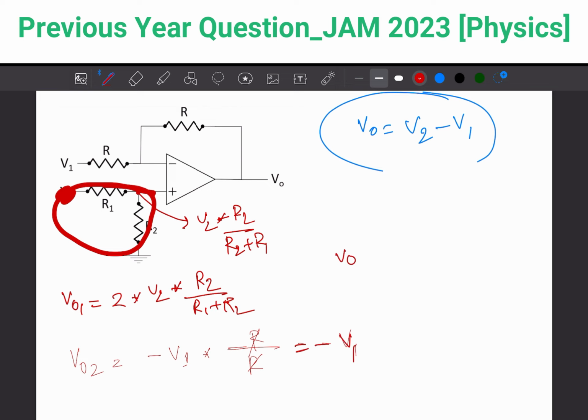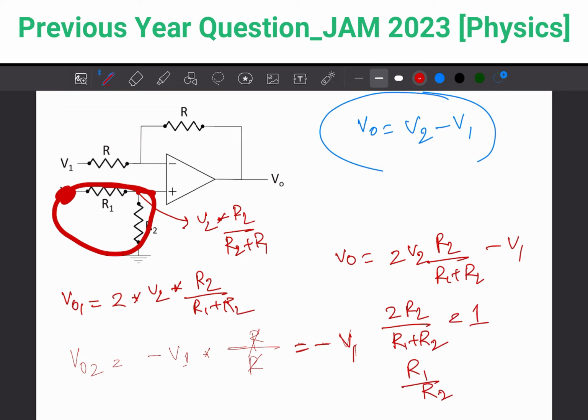Okay, so what is V0? V0 is equal to 2 V2 R2 by R1 plus R2 minus V1. By comparing the coefficient, 2R2 by R1 plus R2 is equal to 1. So R1 by R2 is equal to 1.